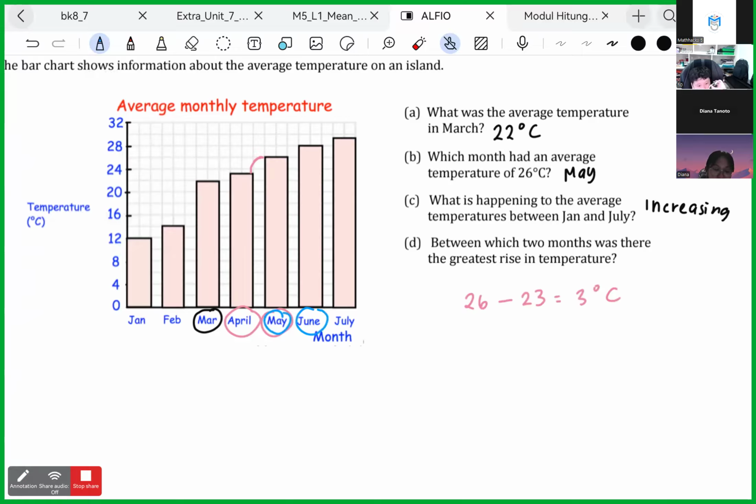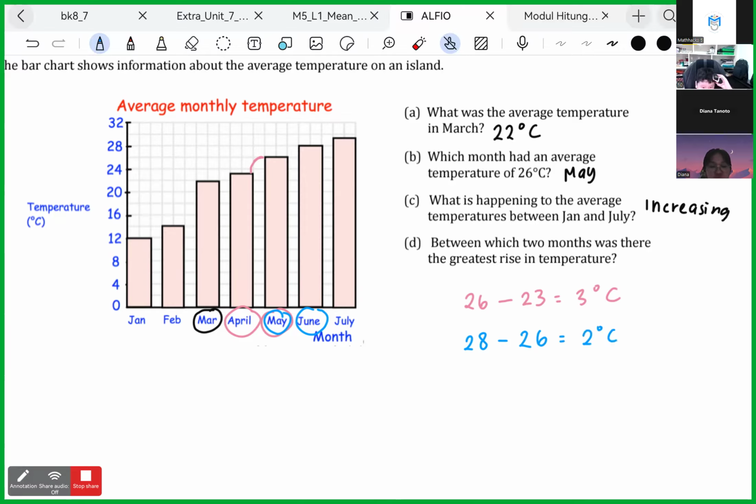June is 28, and then May is 26. So the gap is 2 Celsius. April to May has greater rise than May to June.